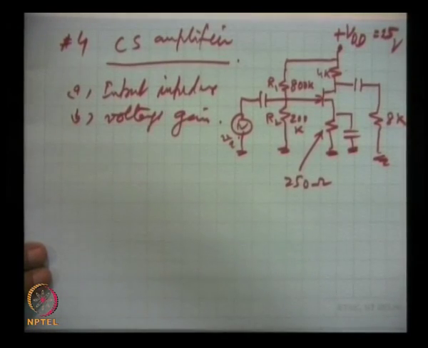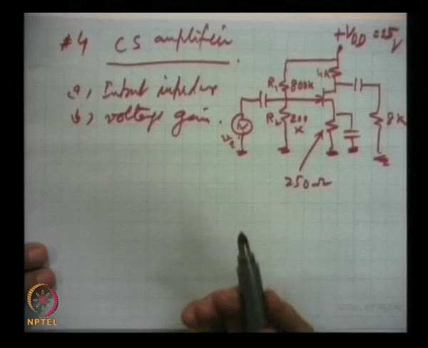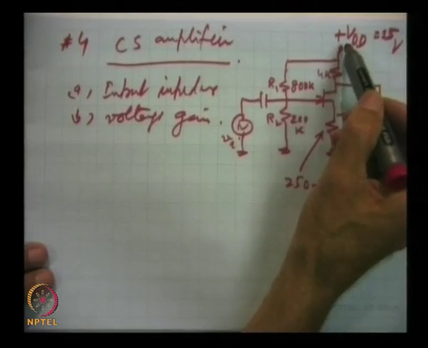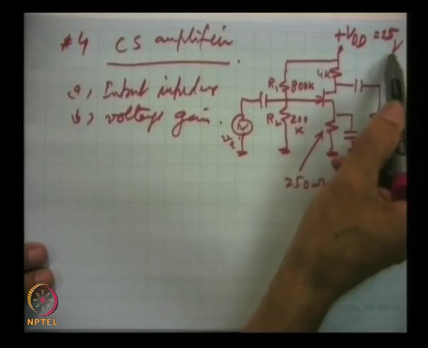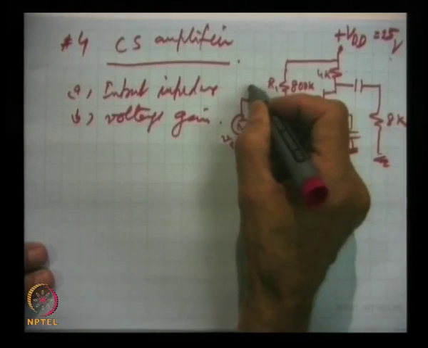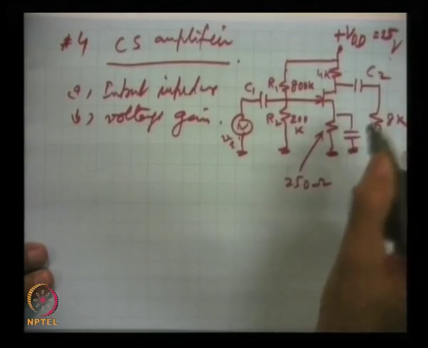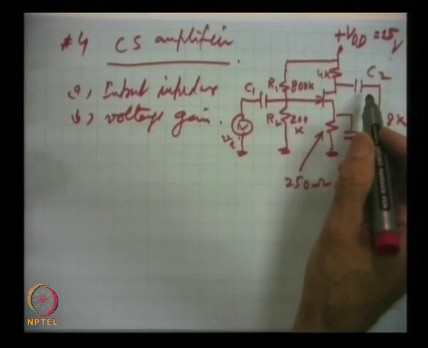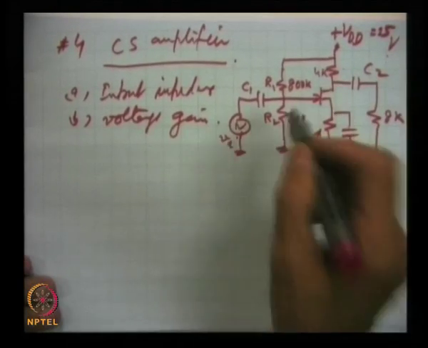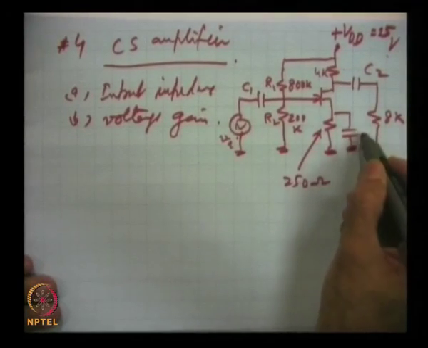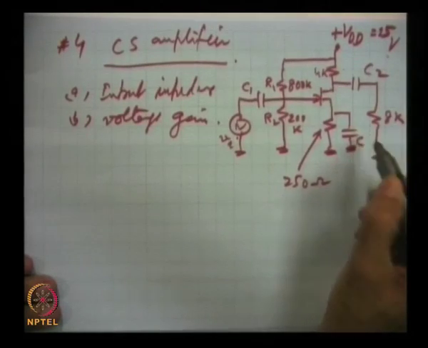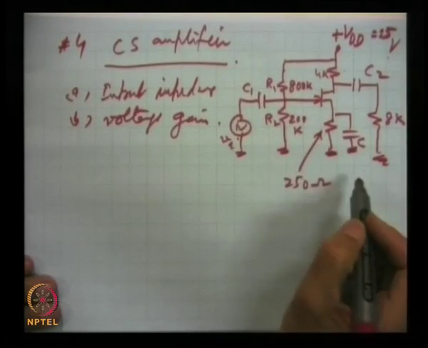First we have to draw the AC equivalent. For that, DC voltage sources have to be grounded, and these coupling capacitors C1 and C2 are of sufficiently large value, and they have to be taken as short at the frequency for which the amplifier is meant, and this is bypass capacitor C, that is also large, and this will be shorted.